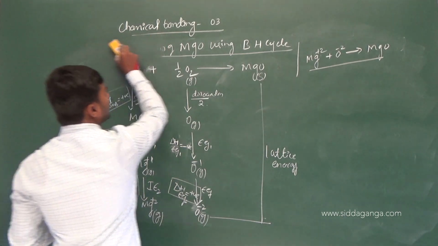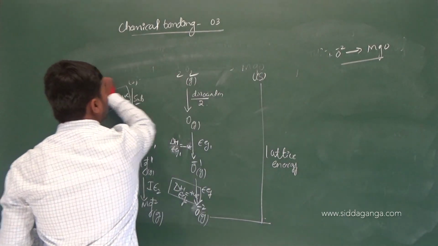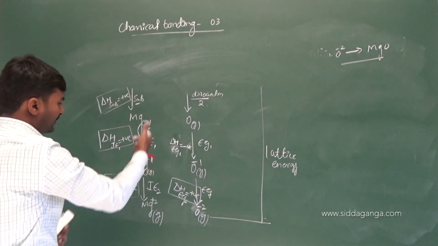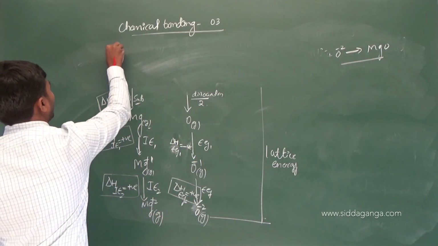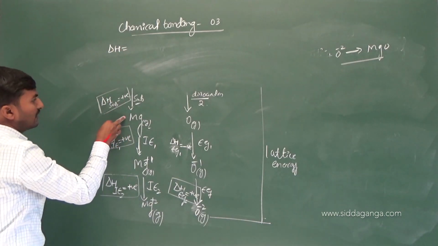Okay, now how do we calculate the lattice energy for this system? Delta H is equal to, which is the first reaction here?